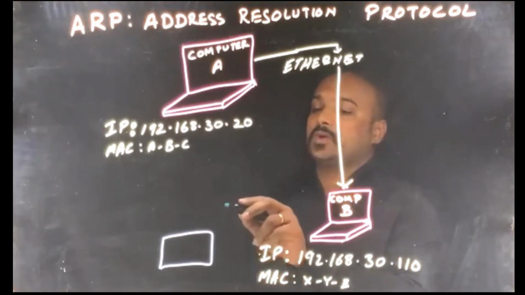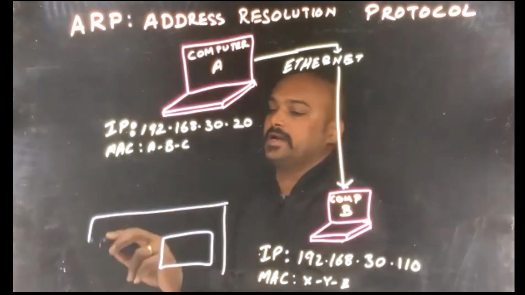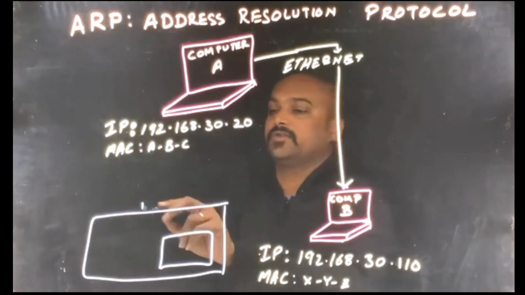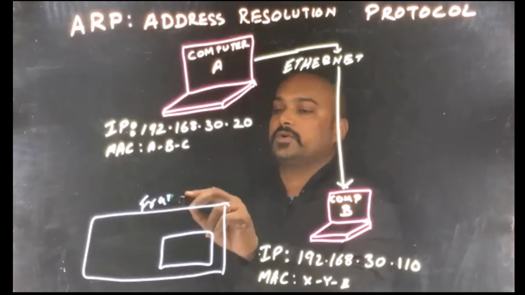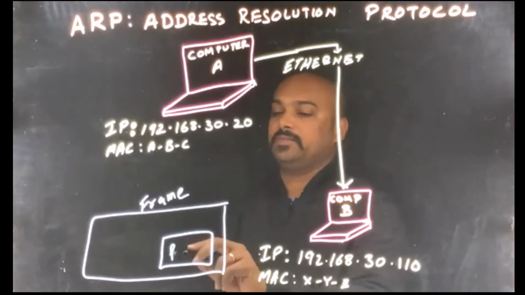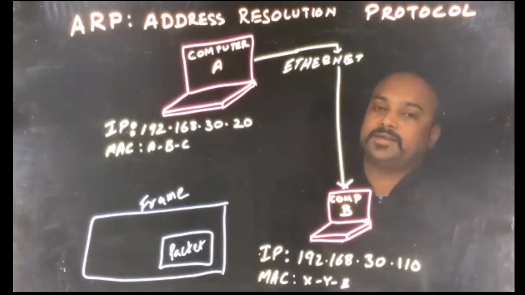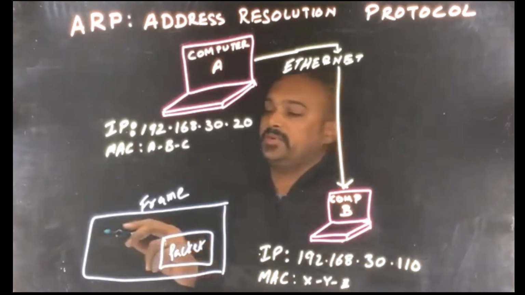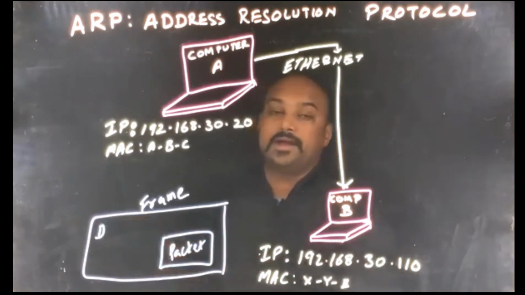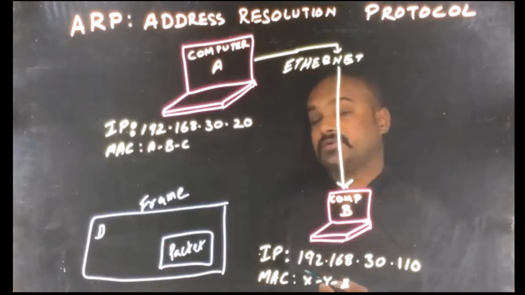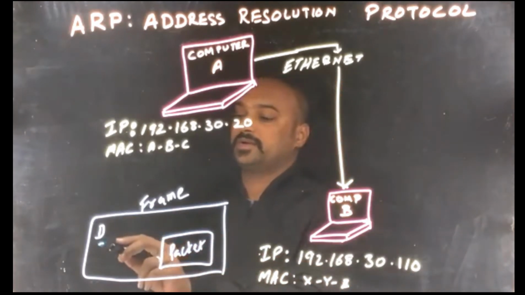This packet will be encapsulated inside something called a frame. So now what you have is a frame and a packet. The frame has the destination's IP address and the destination's MAC address as well, right? Let's put it like this.